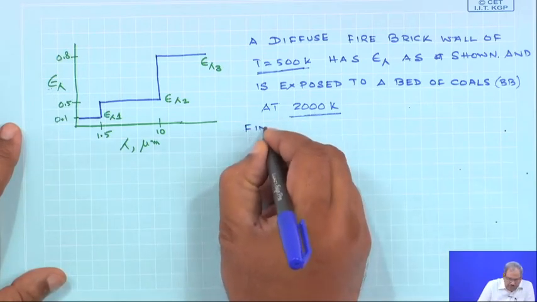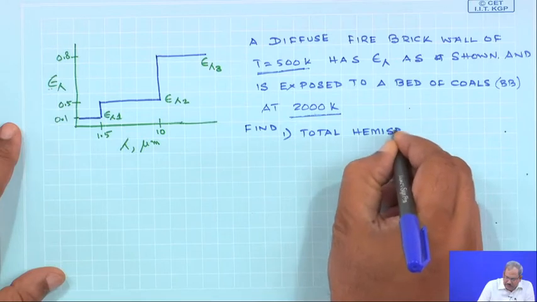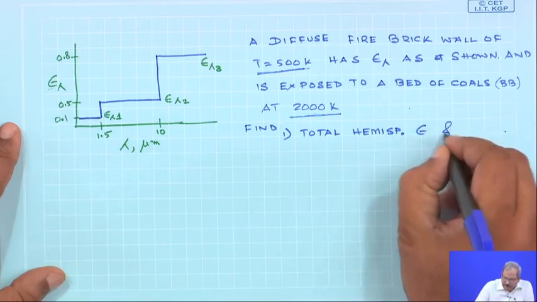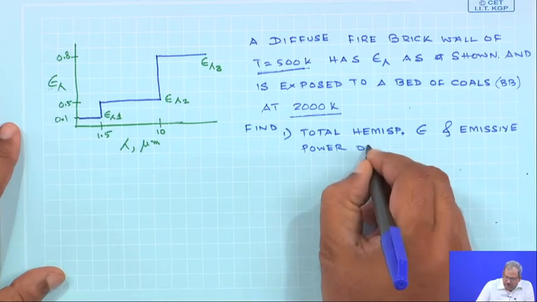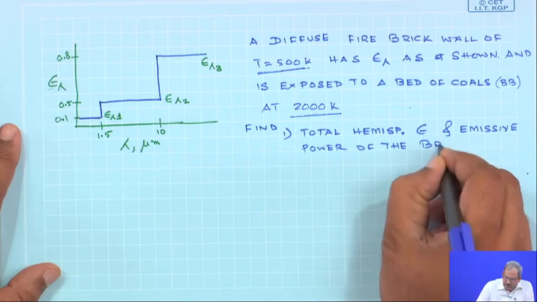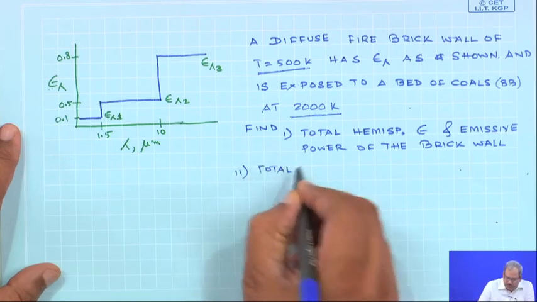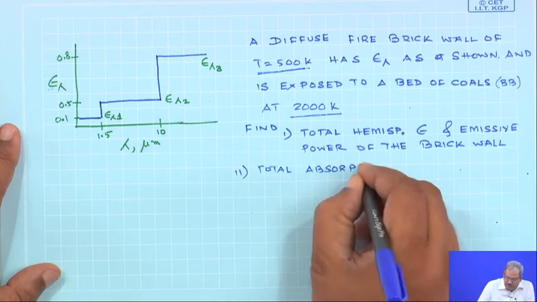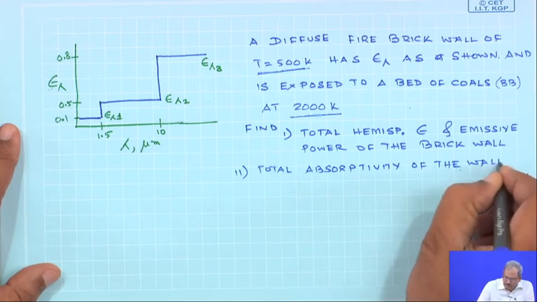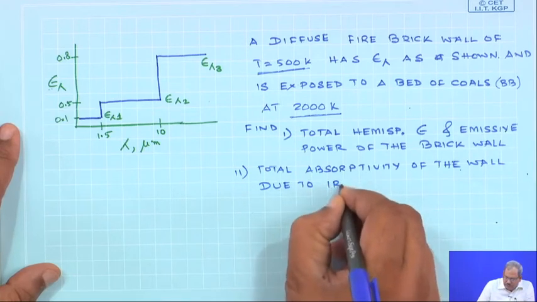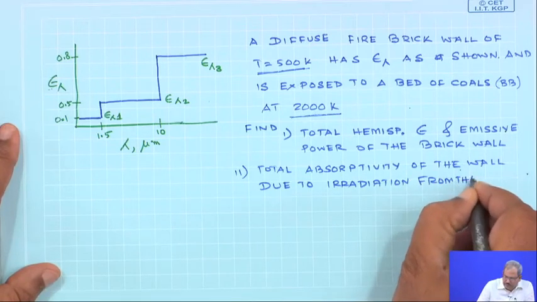So, what you have to find is the total hemispherical emissivity and emissive power of the brick wall, and second is the total absorptivity of the wall due to irradiation from the coal.